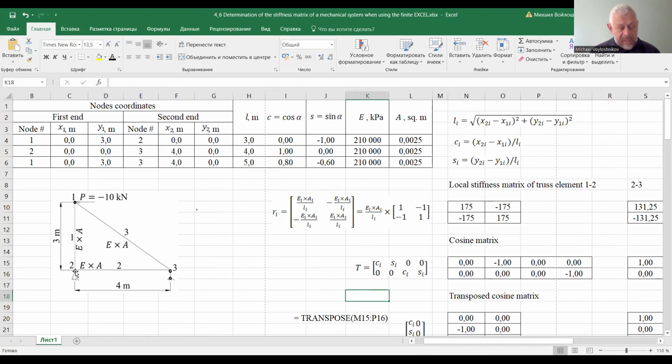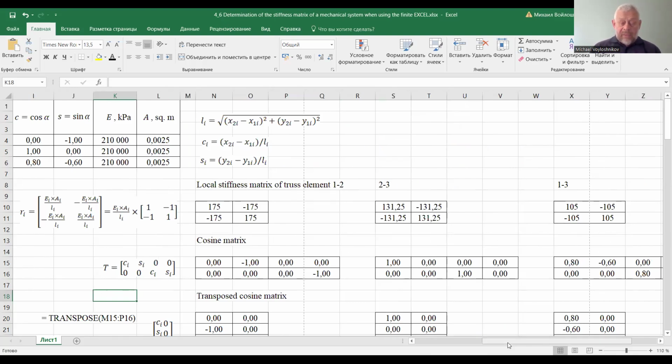The reference point of the abscissa axis we assigned as point 2, and it goes rightward from point 2, and the ordinate axis goes perpendicular through point 1. So for the second one, as we have 0 angle of inclination, the cosine is 1 and the sine is 0. These 0, 0, 0, 0 came from the four zero elements of the cosine matrix.